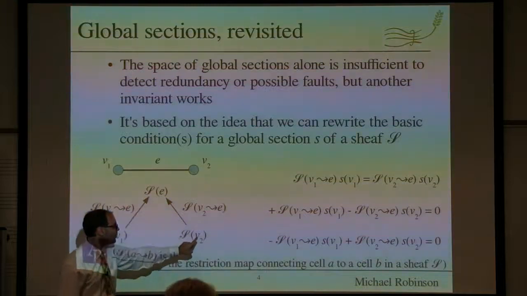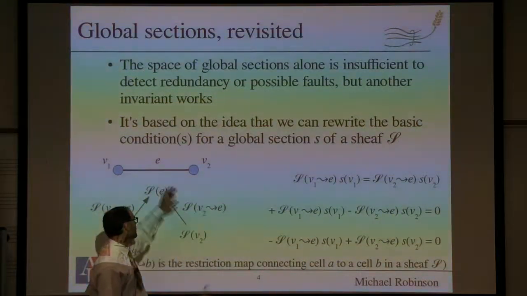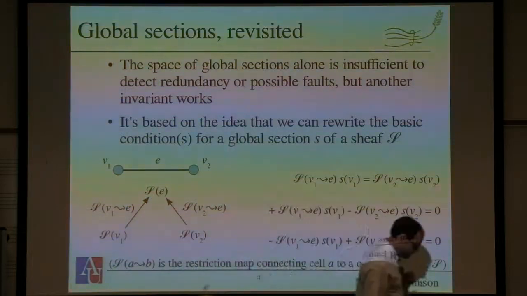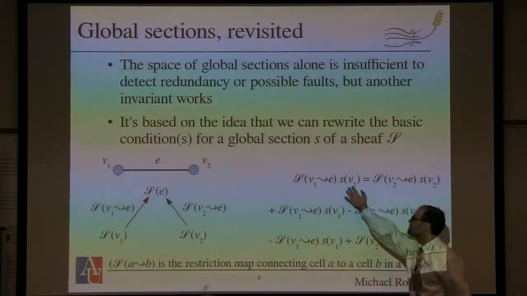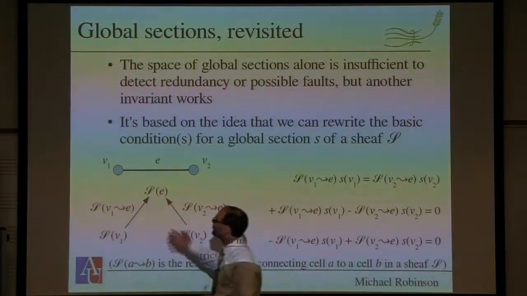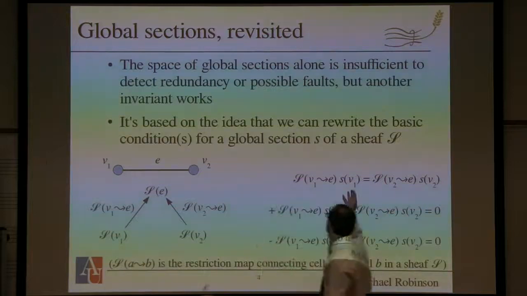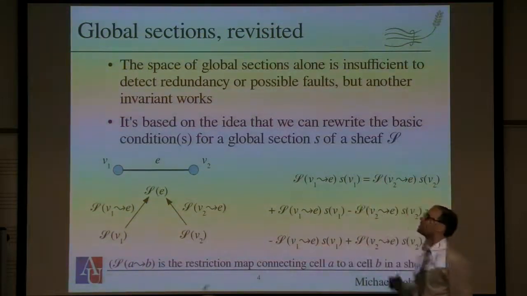And similarly, when I take the element out of this vertex, map it through this map, it ends up over here. Write that down as an equation. Map through the restriction maps from the vertex 1 to the edge. There's the data. I'll say S is a function that's assigning data from each vertex or each edge, from each simplex, to the data spaces. So this, you can think of it as a function on the simplices.